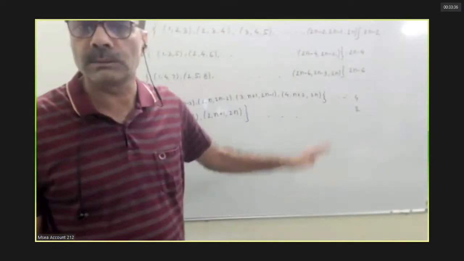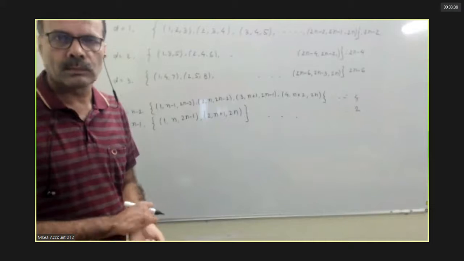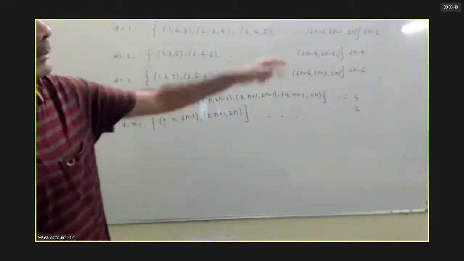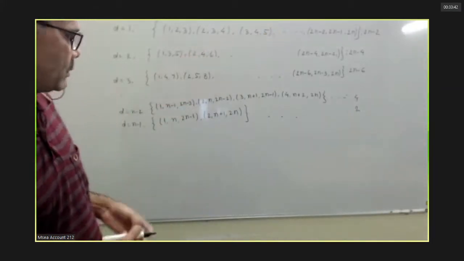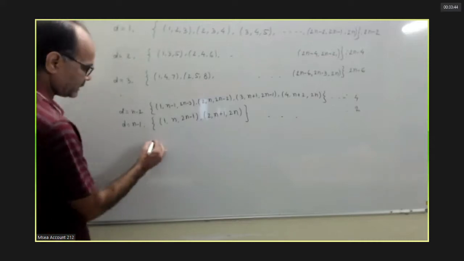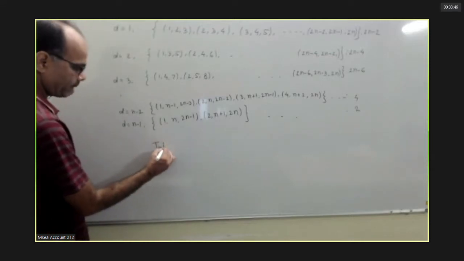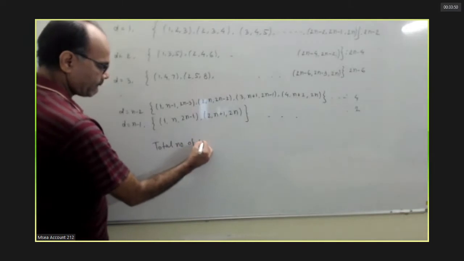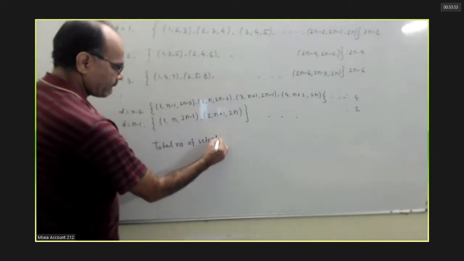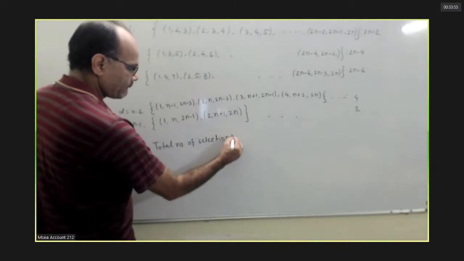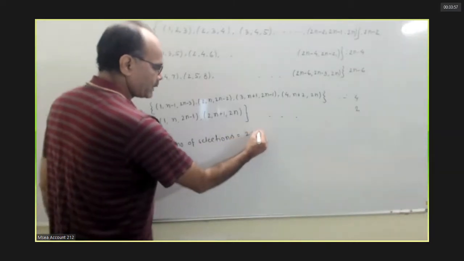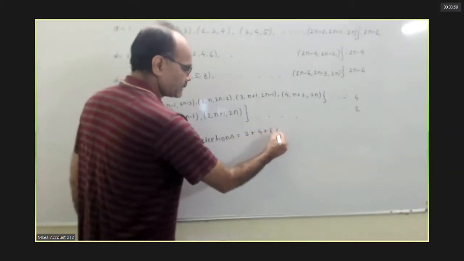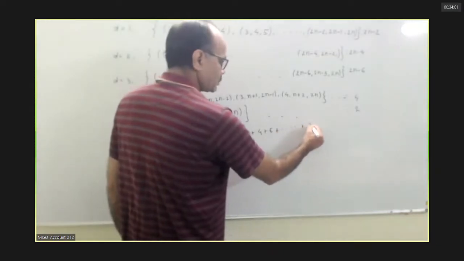The sum of this will be the total number of selections: 2 plus 4 plus 6 up to 2n minus 2. So total number of selections equals 2 plus 4 plus 6 plus up to 2n minus 2.